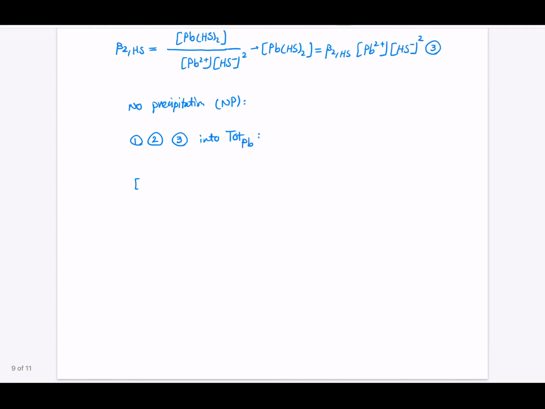Then we get Pb of no precipitation would be equal to total Pb divided by 1 plus the activity of electron to the power of 2, then the other two expressions.